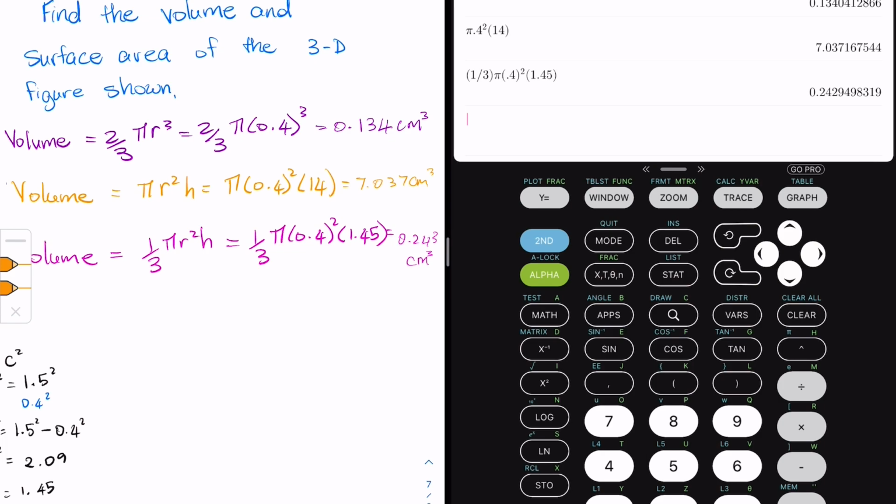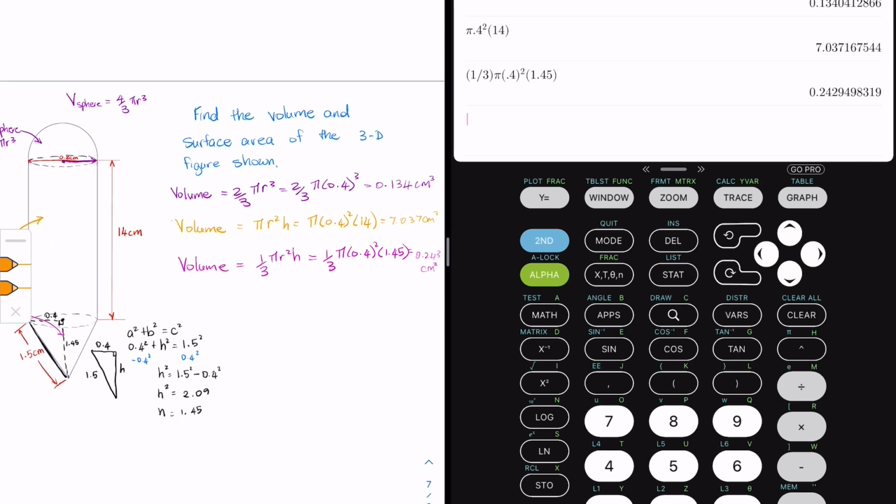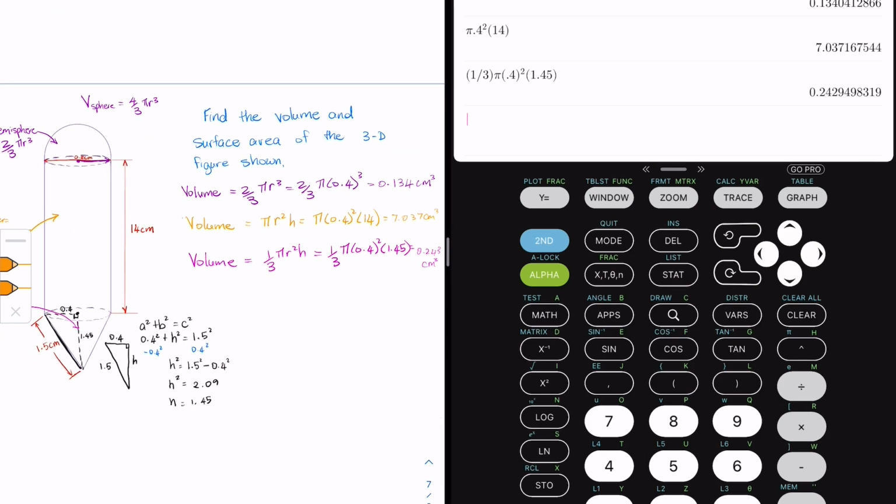All right, so now we have our 3 volumes for the 3 shapes, the hemisphere, the cylinder, and the cone. And all we have to do is add those up. So 0.134 plus 7.037 plus 0.243, and our overall volume is equal to that value.